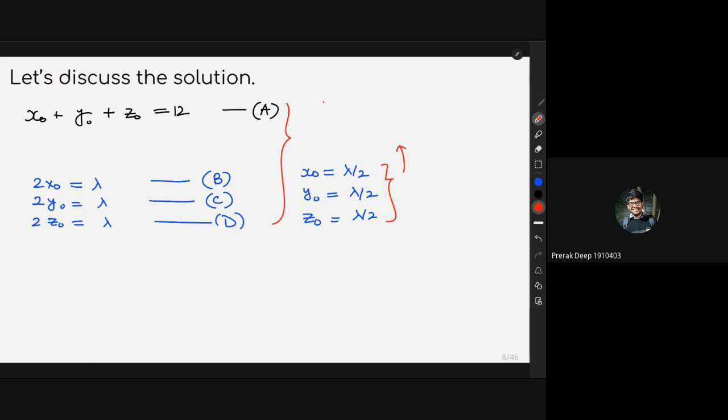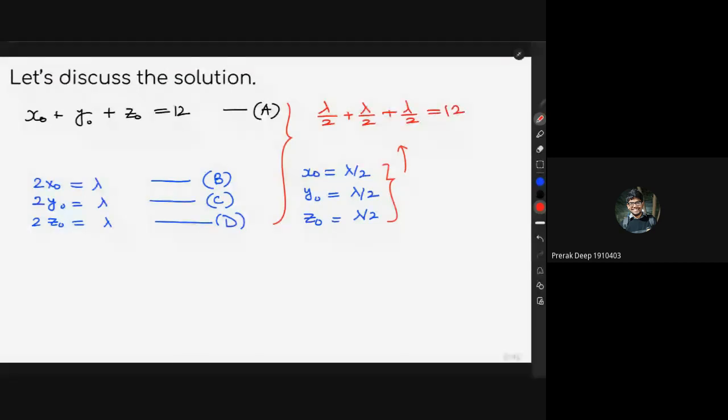I will get lambda by 2 plus lambda by 2 plus lambda by 2 is equal to 12, which is same as 3 lambda by 2 equal to 12, which is further same as 24 divided by 3, which is 8. So I get lambda equal to 8.